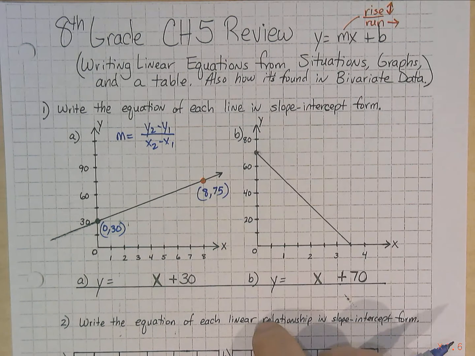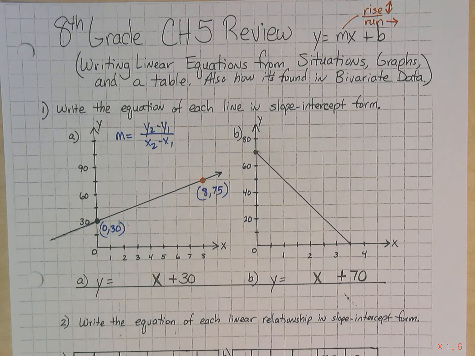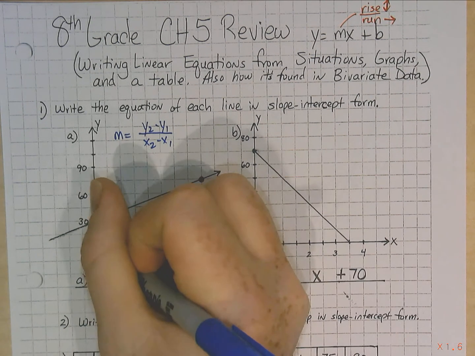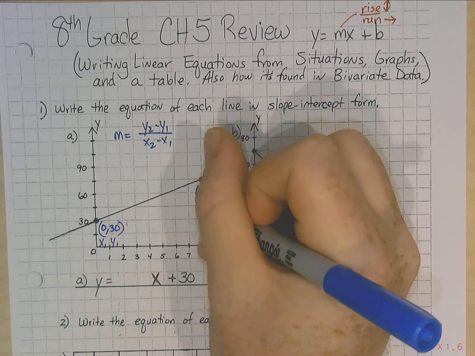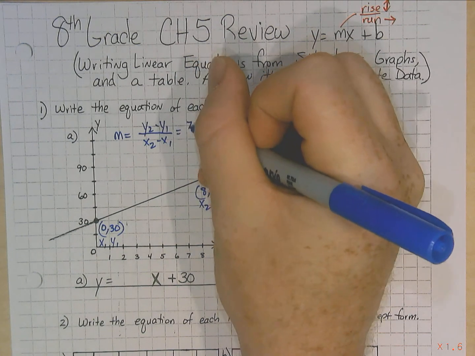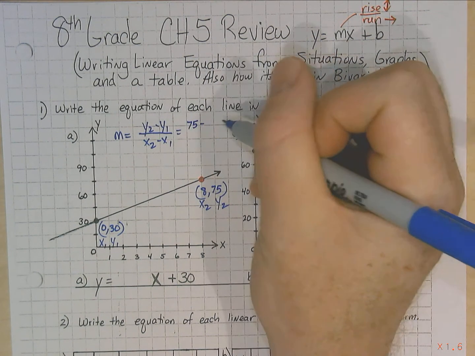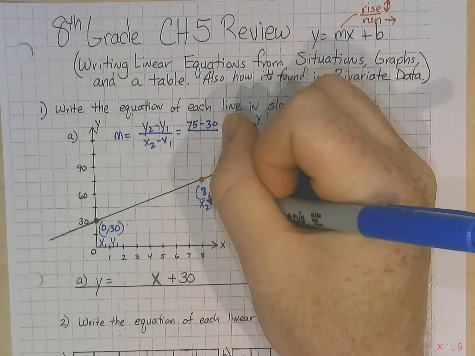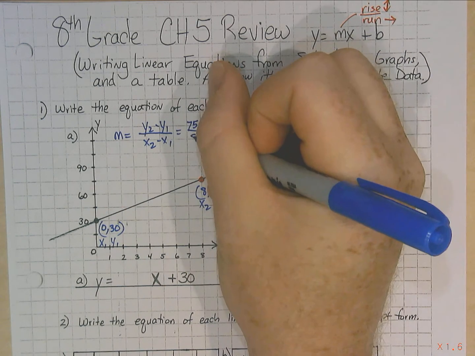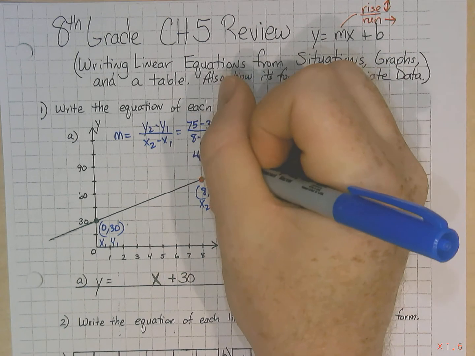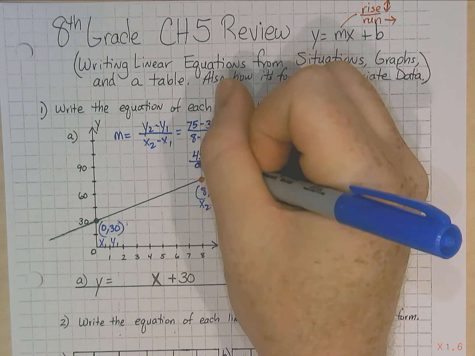This is x1, y1, and this is x2, y2. We just plug our numbers in. So we get 75 minus 30 over 8 minus 0, which equals 45 over 8, and that's your slope.